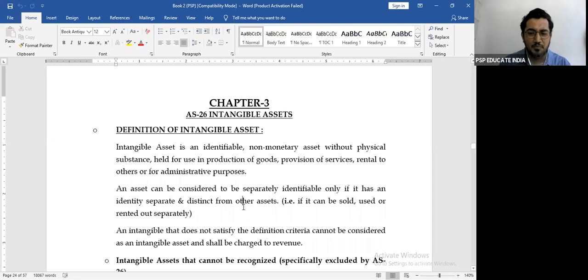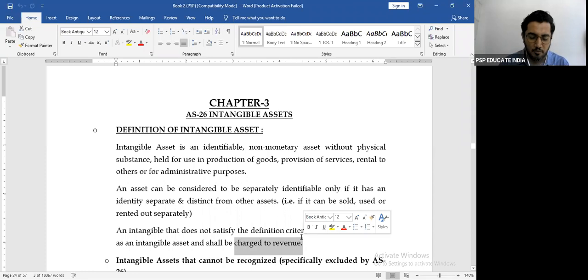An intangible that does not satisfy the definition criteria, which is given above in the first paragraph, and what has been said about separately identifiable in the second paragraph. If any intangible does not meet this definition criteria, then it cannot be considered to be an intangible and should be straight away charged to the profit and loss account.